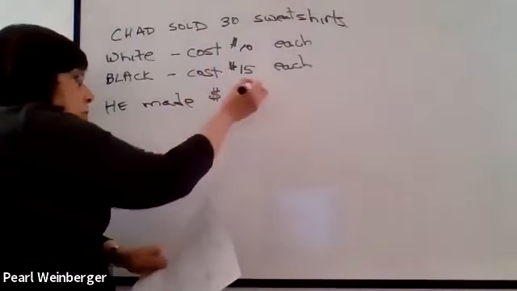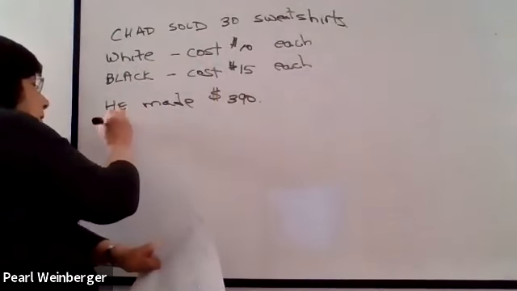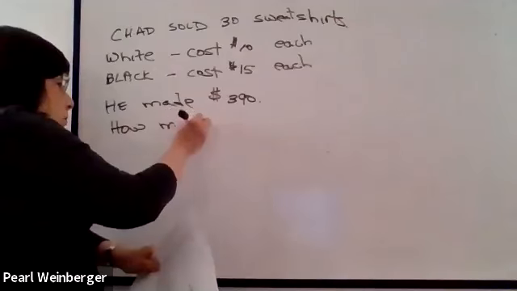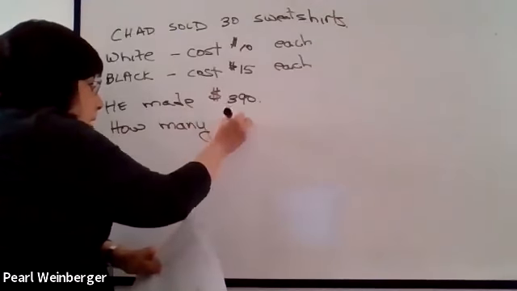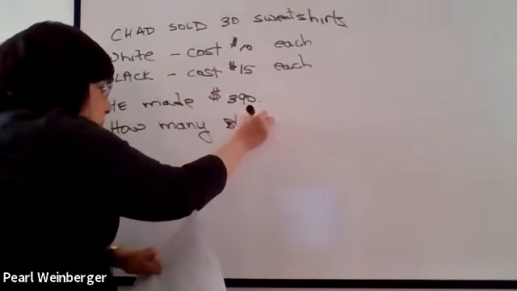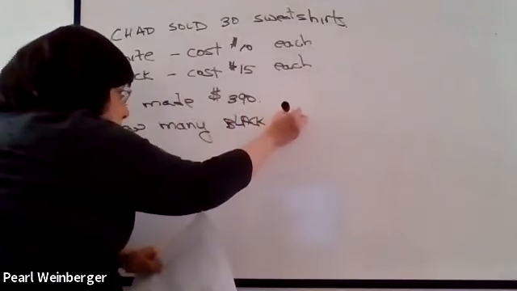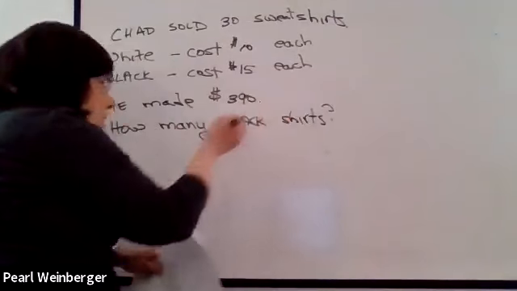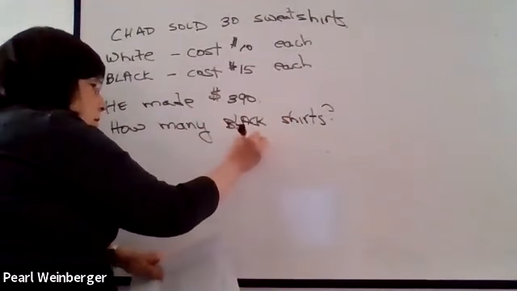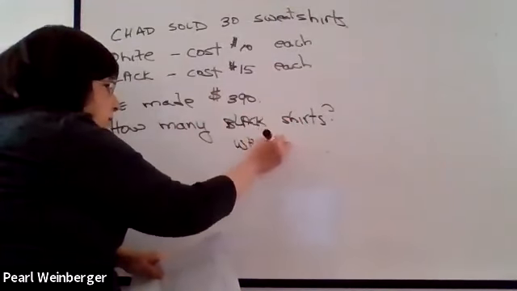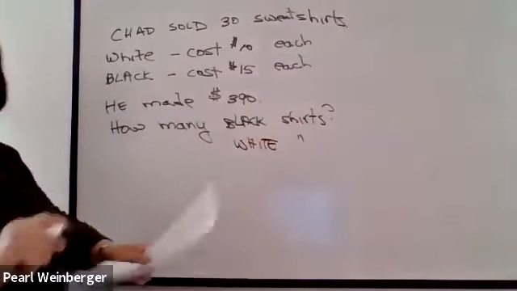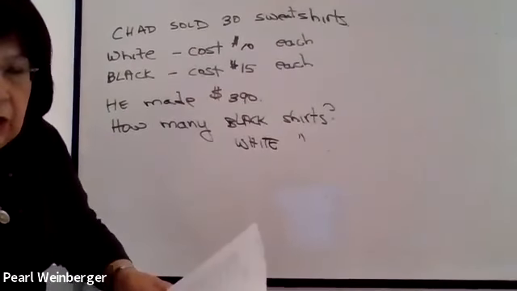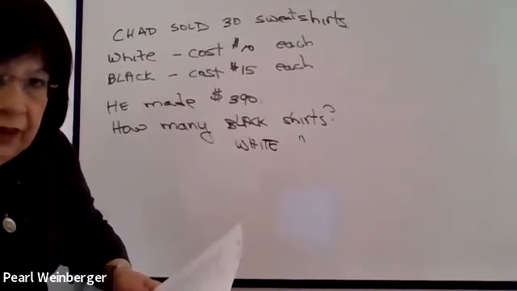And we want to know how many black shirts did he sell? And also, how many white did he sell? In other words, how many did he sell of each type of shirt? Okay, I'm going to give you time to set up an equation and try and solve that.